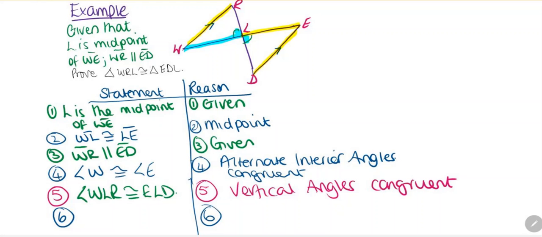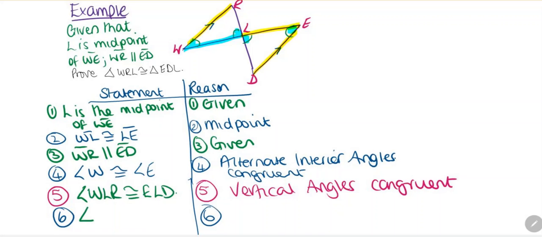And then we can say that we have RW is congruent with DE. So we have an angle. And we can also say that angle W and angle E are congruent.